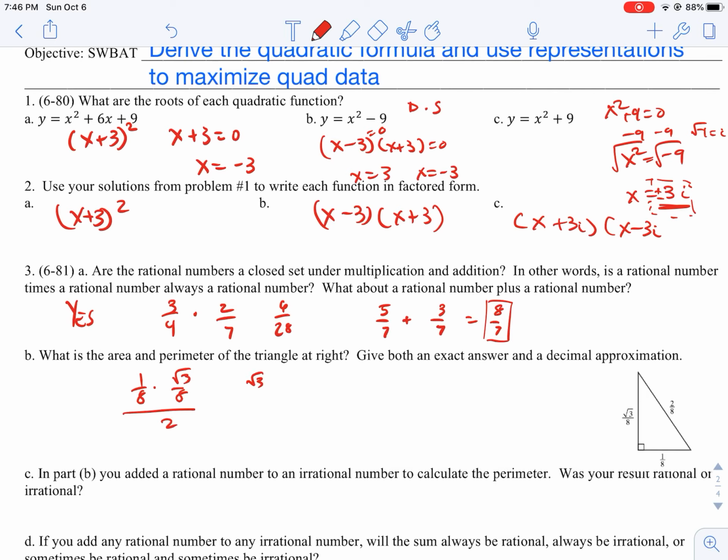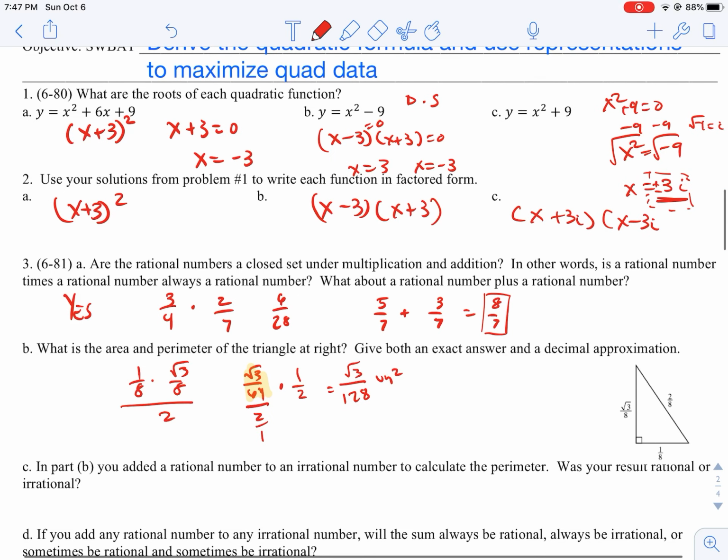So that's (√3/64) over 2, which I think I told you that if you have a fraction in a fraction and it's division, you can keep the first one. We'll change it from division to multiplication, and then we flip the bottom. And I put that over 1, so it's just 1 over 2, which then turns into √3/128. Units squared is the area.